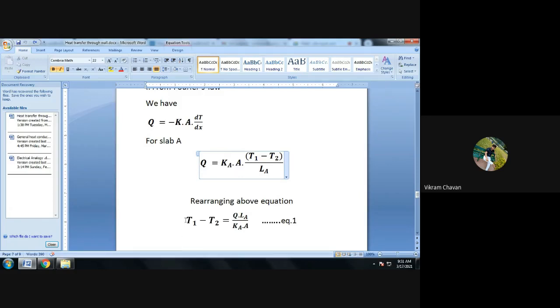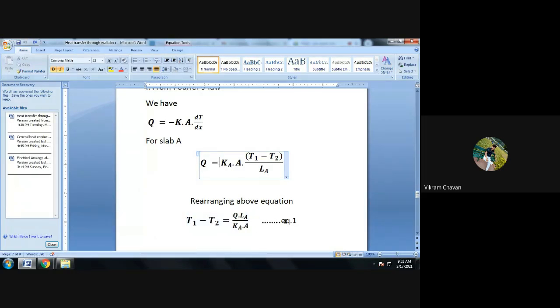So it becomes T1 minus T2 equal to Q multiplied by L suffix A, whole divided by K suffix A multiplied by A, where Q is the heat transfer, L suffix A is the thickness of slab A, K suffix A is the thermal conductivity of slab A, and capital A is the area which is perpendicular to heat flow.